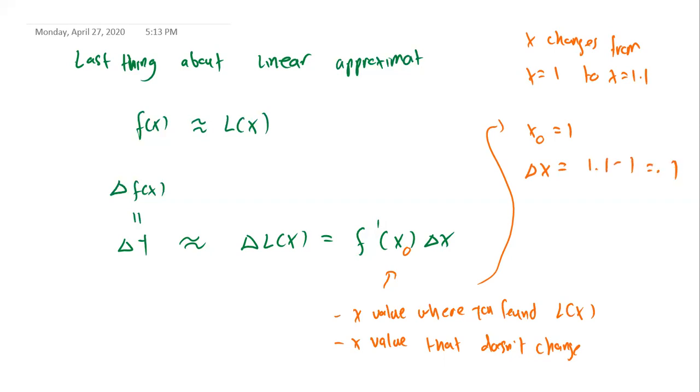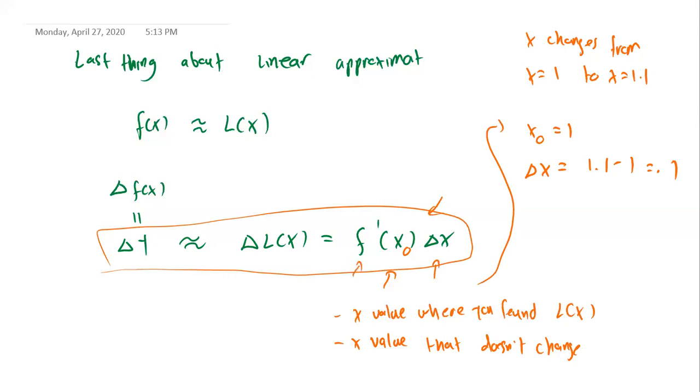And of course, you would have to be given the derivative at x equals 1, or you would have to find it and evaluate it. And then you just plug things in. So this is the other thing. You can approximate the change in the function by doing change in the linearization, and it's just this formula here. Just find the change in x and find f prime of x naught. We did an example of that in the notes.